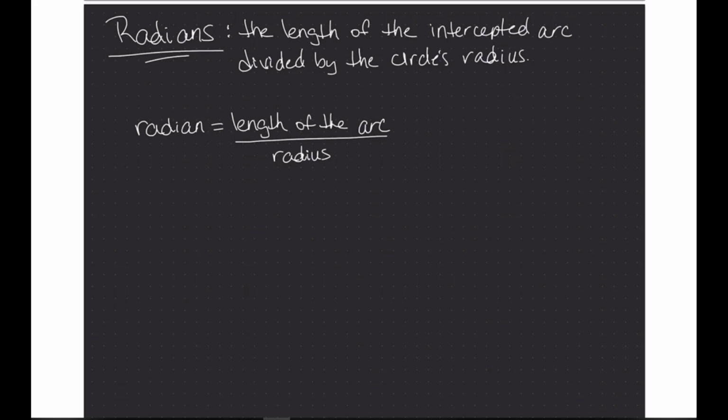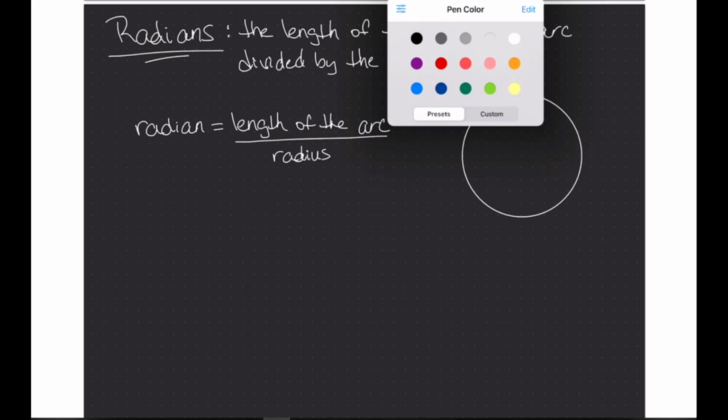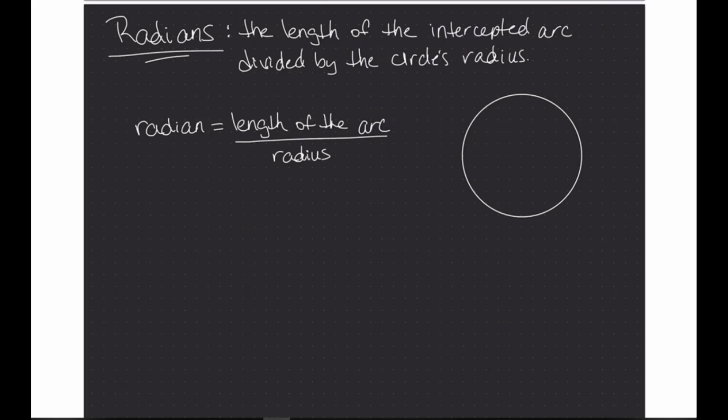So I'm going to draw a perfect circle. So, definition of radius? Center of the circle to any point on the circle. Okay.